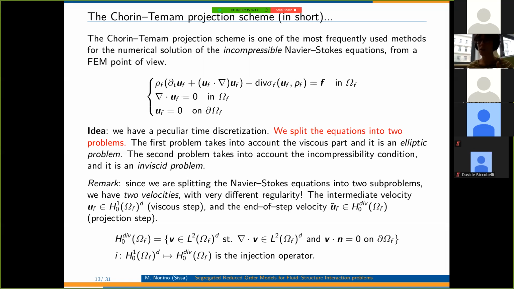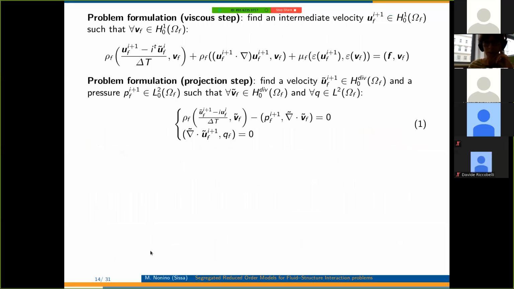These two velocities will have very different degrees of regularity, because the intermediate velocity will belong to H^1_0, and the end-of-step velocity will belong to H(div), which is defined in the following way. Before presenting the actual projection scheme, we introduce an injection operator which goes from H^1 to H(div). With this operator, we can write the projection scheme as follows.